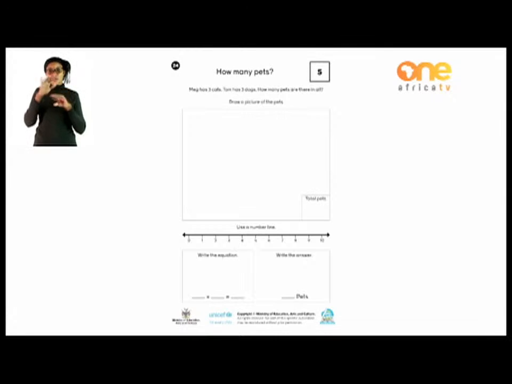Now, learners, as you can see on that page, there is one big square there. It's an empty square. Can you see it? So, in that big empty square, you have to draw 3 cats and you draw 3 dogs.